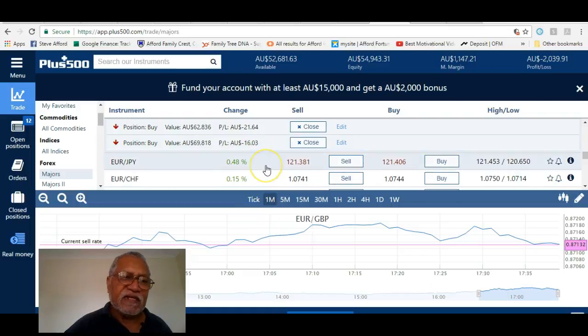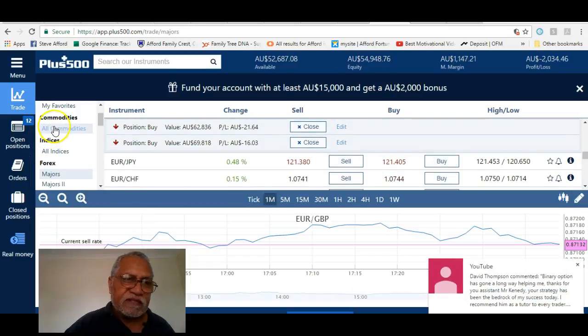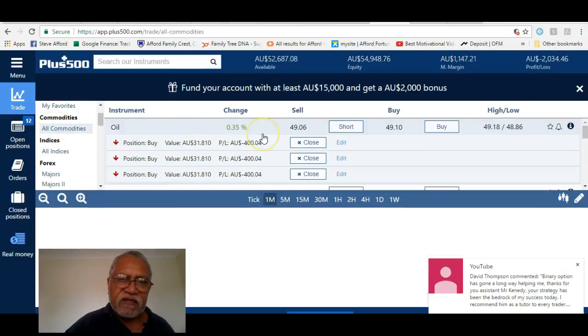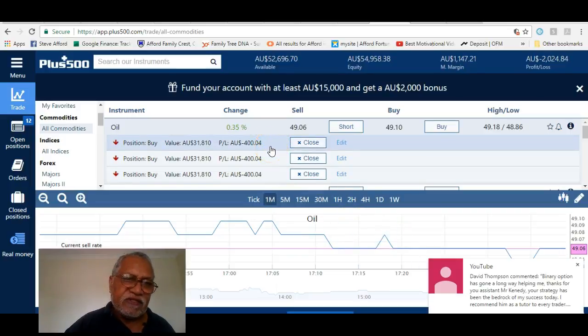But anyway, those are the trades that have come up. Now, I think at this stage we better double check gold, because it is out of the money. If you wanted to, you can look at this and double check your positions. You can leave this position running, or you can do what is called a reversal trade.